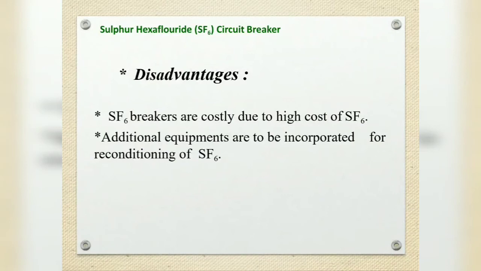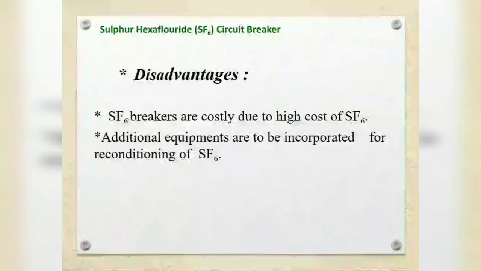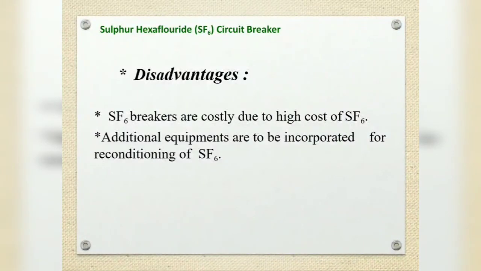In the case of leakage in the breaker tank, the SF6 gas being heavier than air, and hence SF6 settles in the surrounding and leads to the suffocation of the operating person.